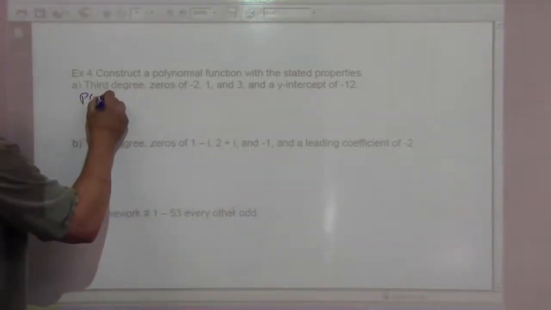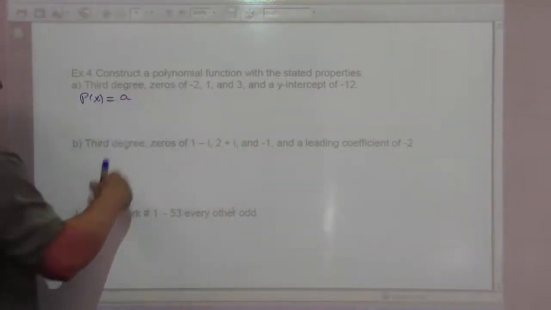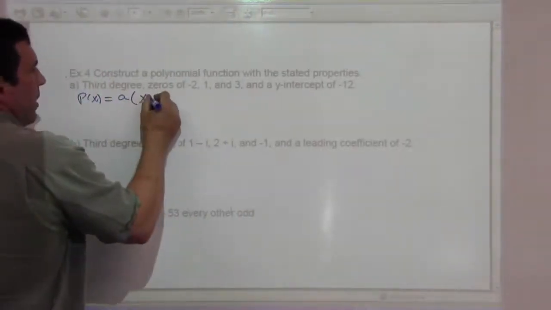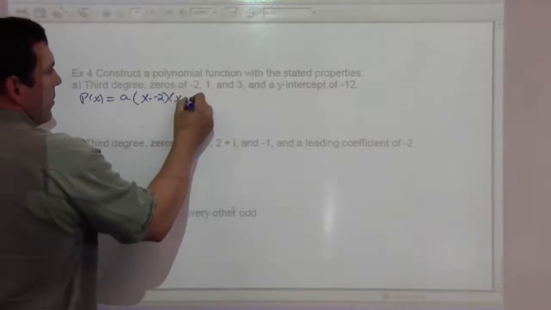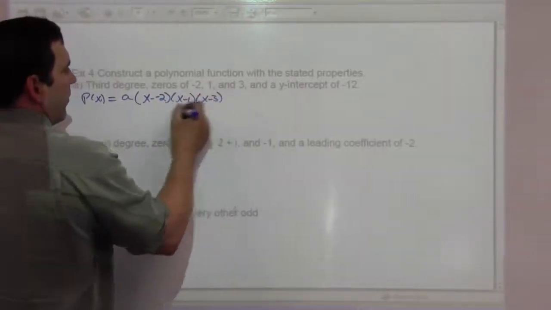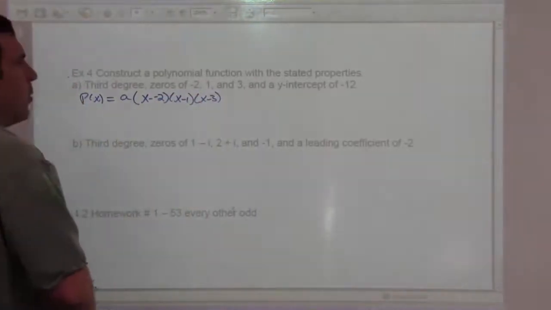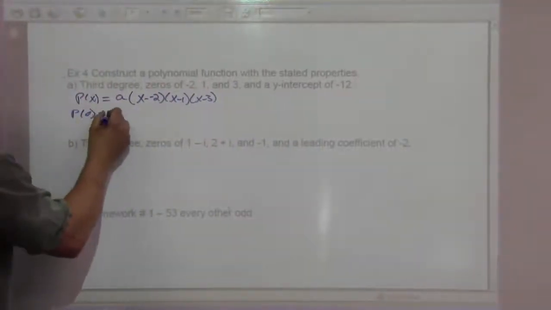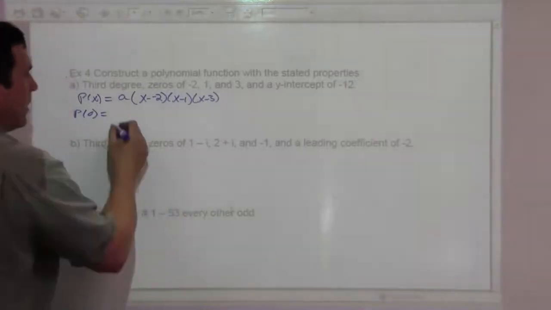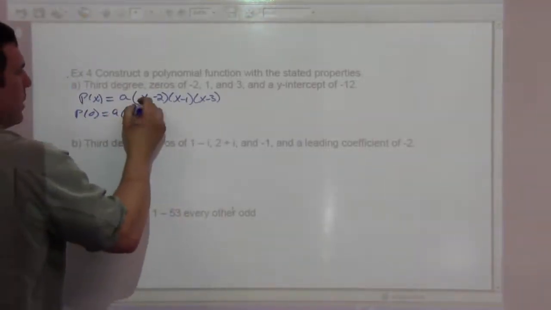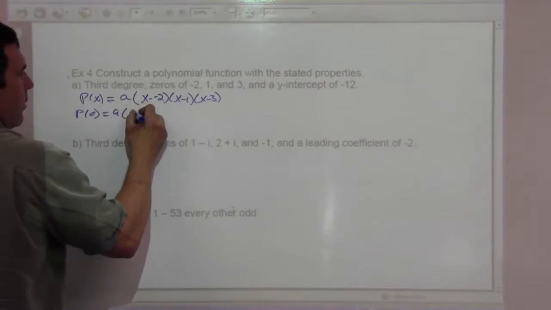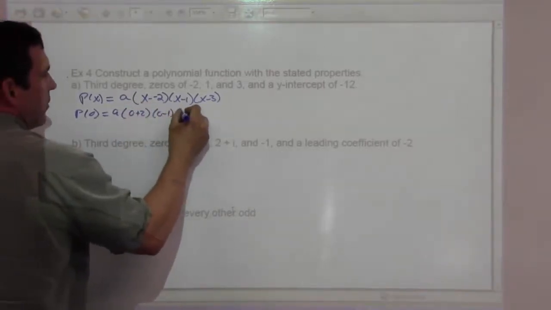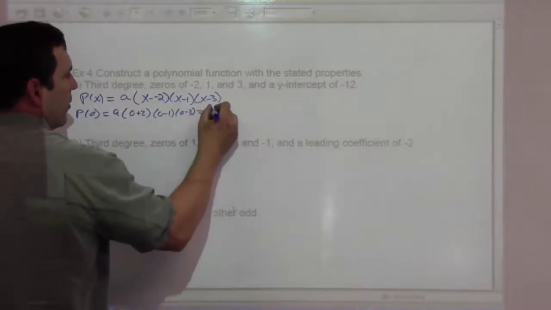So our polynomial is going to be a, some leading coefficient, could be 1, times x minus negative 2 times x minus 1 times x minus 3. Now we're told the y-intercept is negative 12, so you could look at p of 0 because x is 0 at the y-intercept. That is a times 0 plus 2, times 0 minus 1, times 0 minus 3, and that's got to be negative 12.